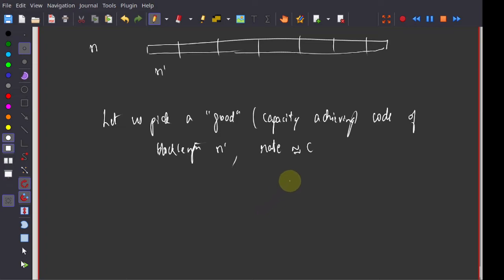Right? So what can we guarantee? If you look at any sub block, it is going to achieve a probability of error that is exponential in n prime. And the decoding complexity is also going to be exponential in n prime.